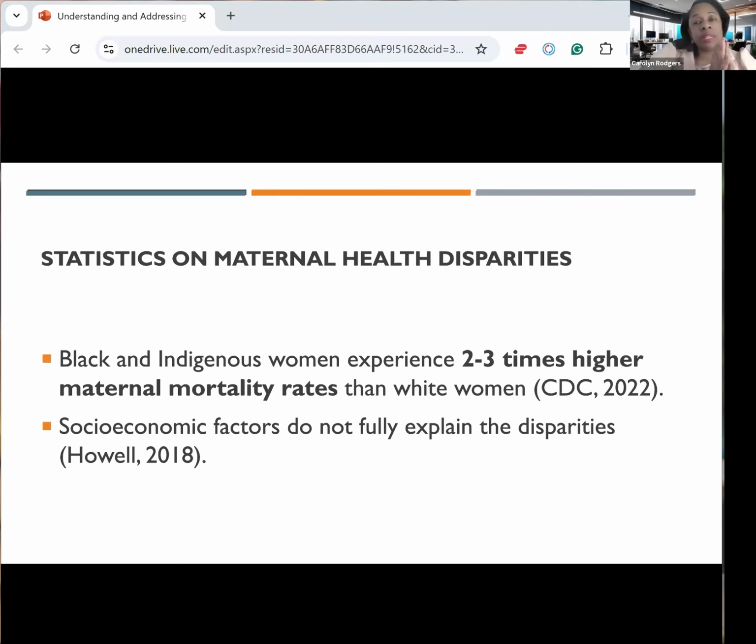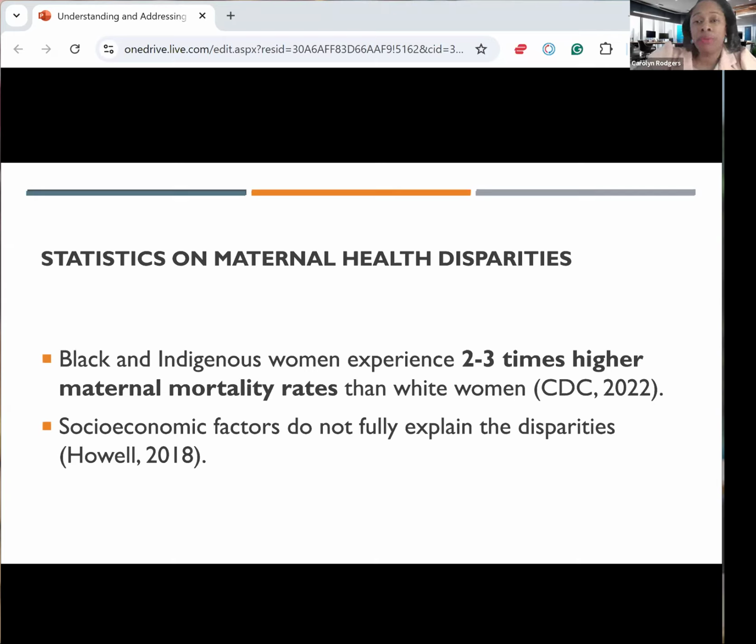In terms of statistics on maternal health disparities, we tend to see Black and Indigenous women, again, experiencing 2 to 3 times higher mortality rates. Now, we think about education being the driver of disparities. But what we're seeing is that the disparity persists across all income and education levels.